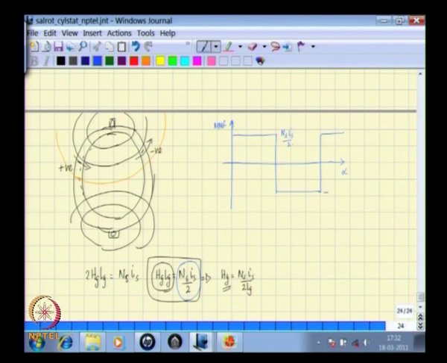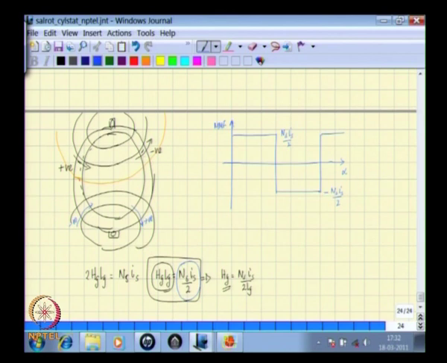If that is Ns Is by 2, here it will be minus Ns Is by 2. It depends on what is the convention you choose. If you choose to call flux lines going from rotor to stator as positive, then flux lines going from stator to rotor will be negative.